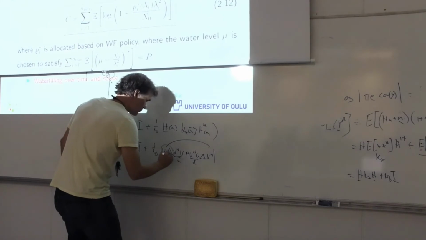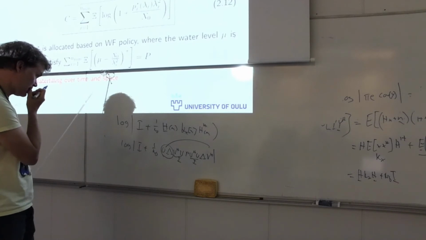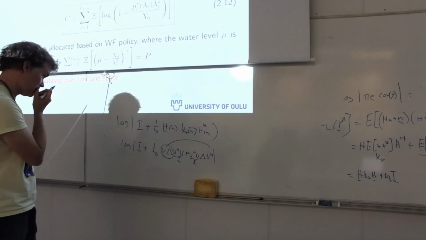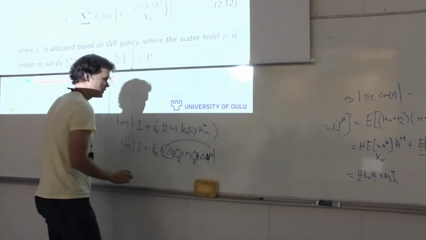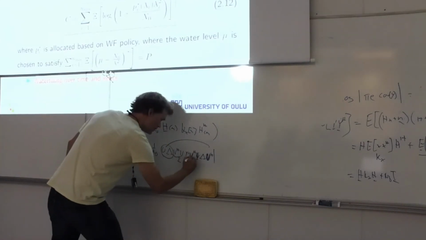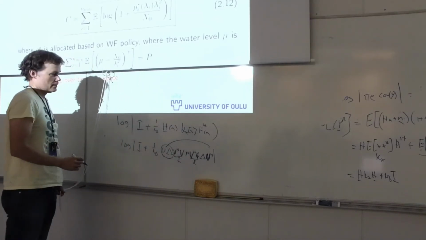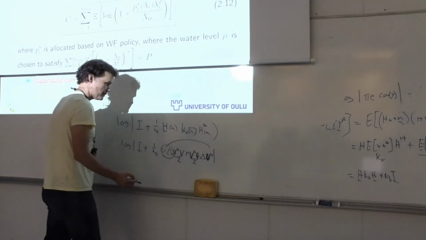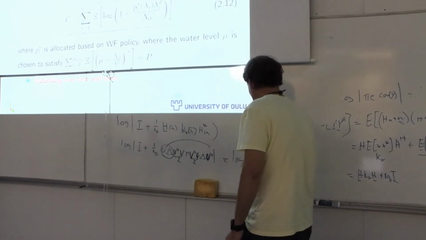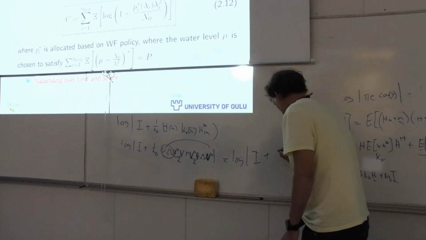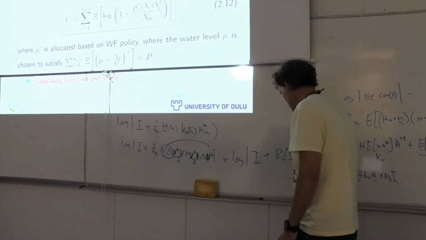The V's cancel each other, and we get log determinant of I plus P matrix times lambda matrix.